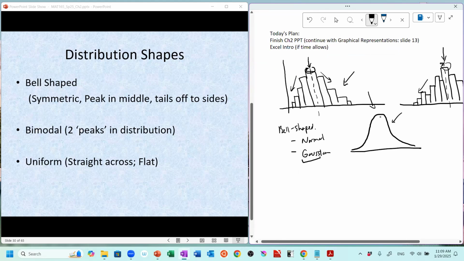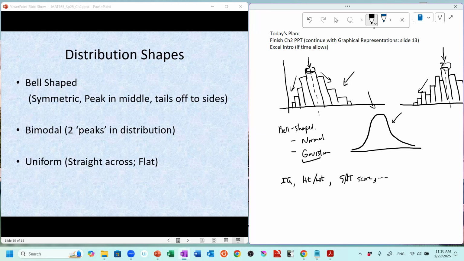There are a lot of things that naturally turn out to be bell-shaped, normal, Gaussian. So things like IQ, things like height or weight, things like SAT scores. Why is that?